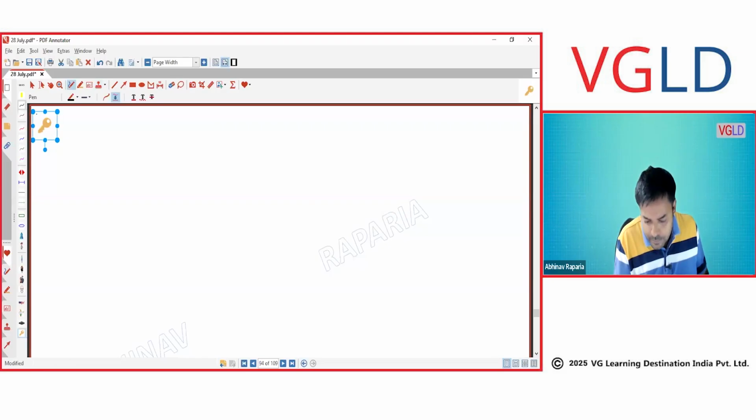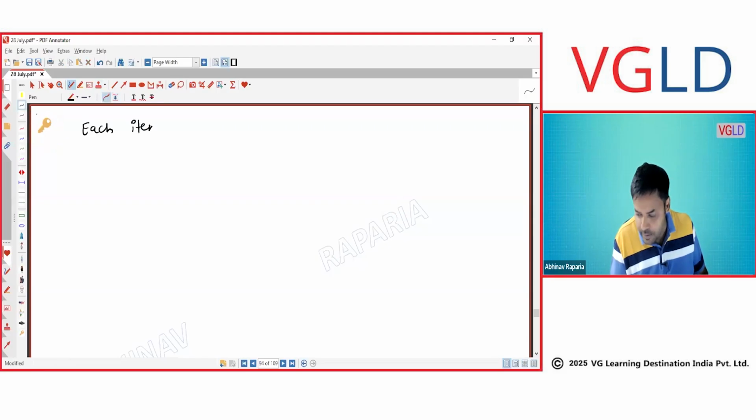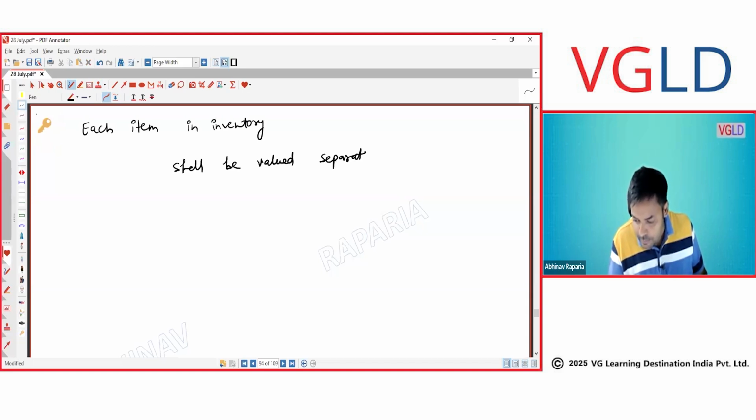Each item in inventory shall be valued separately, not in aggregate.